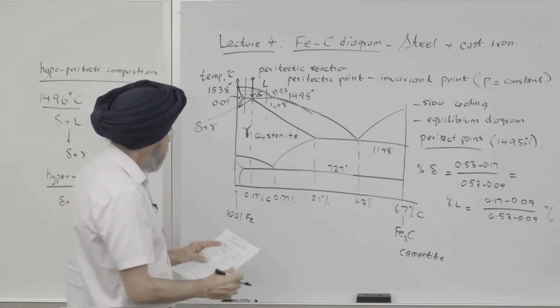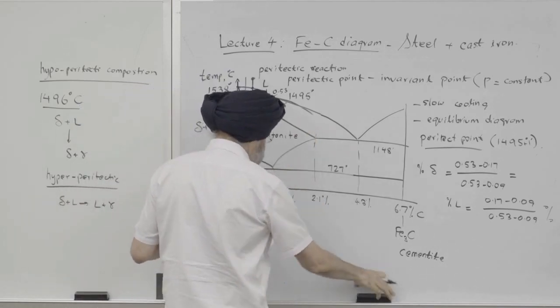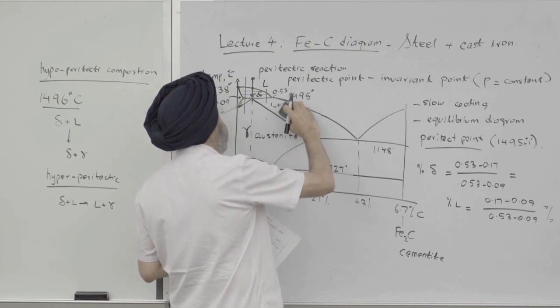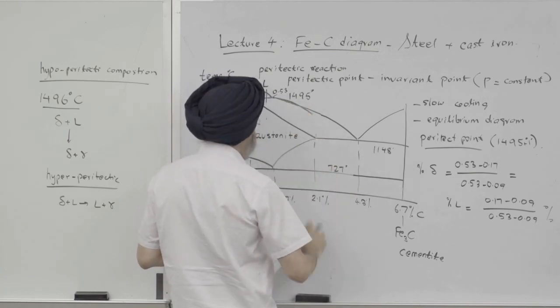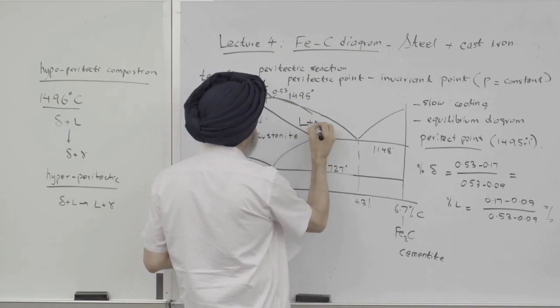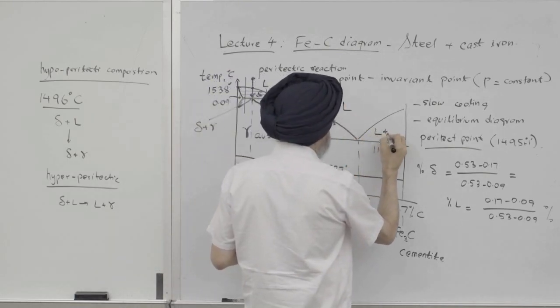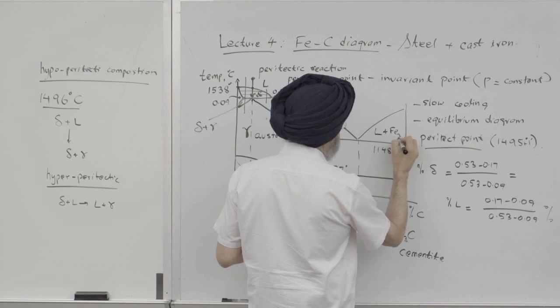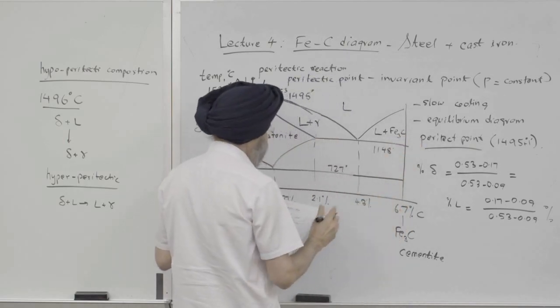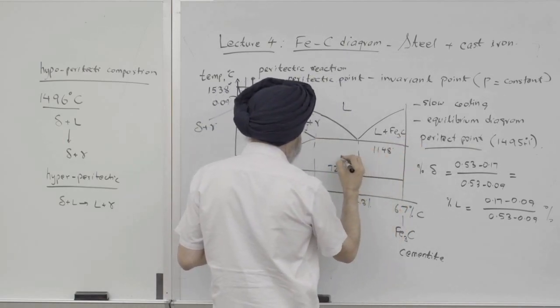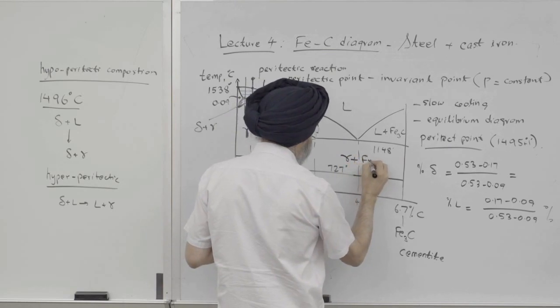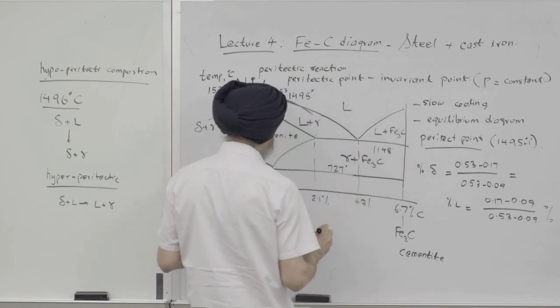So this would be liquid plus austenite. This is liquid. This is liquid plus Fe3C, and this whole region is gamma plus Fe3C.